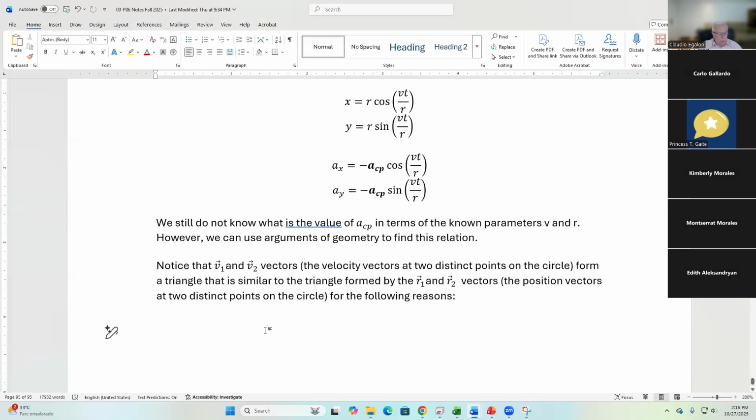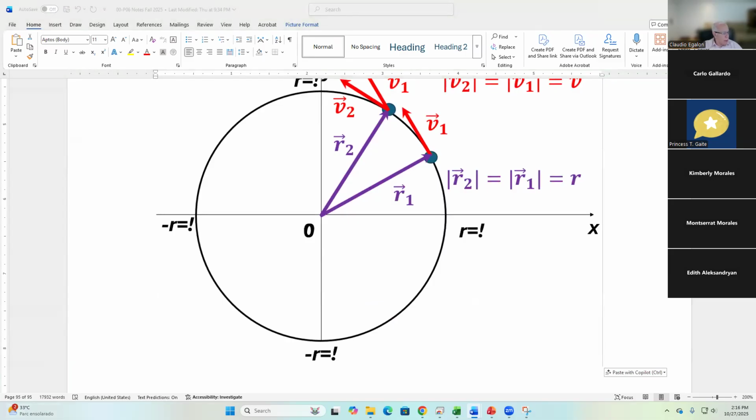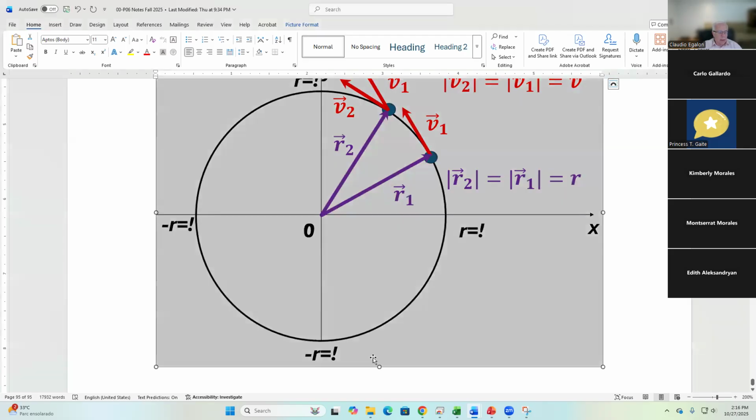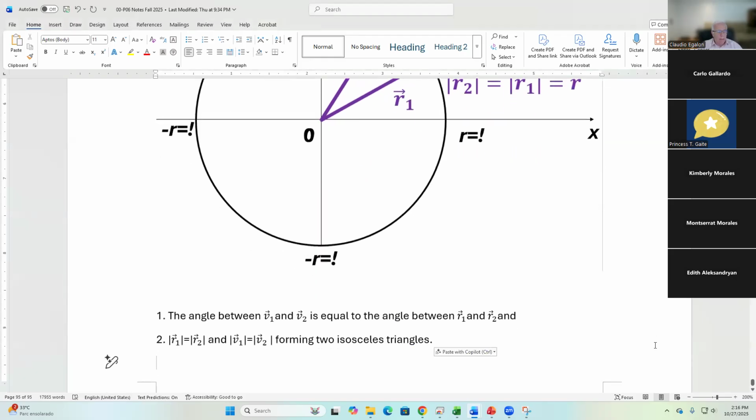Here you go. Let me draw this. You're going to need that to understand. One, the angle between V1 and V2 is equal to the angle between R1 and R2.